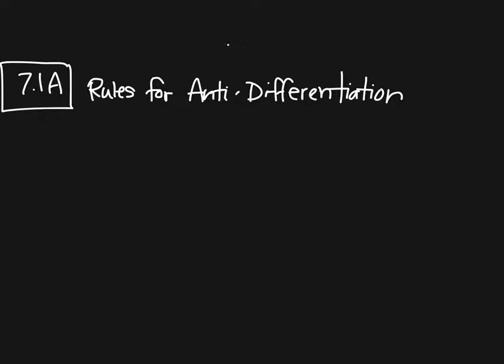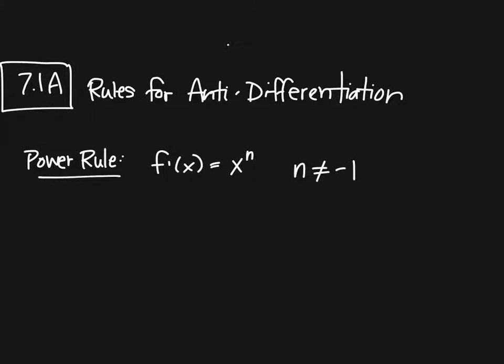All right, what I just want to officially get down on paper is the rule that we just went over with Abby and with Joanne. This is called our power rule for antiderivatives. We have a power rule for derivatives, and we have the power rule for antiderivatives. So if the derivative is x to the n, as long as n is not equal to -1, that is the one exception, it doesn't work for n equal to -1.